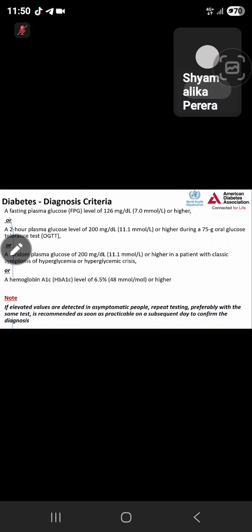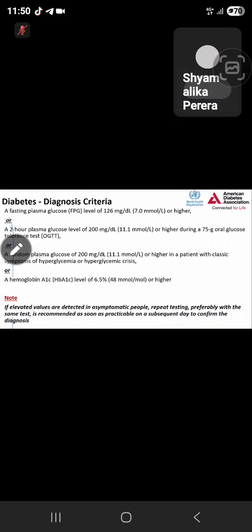Then the second option is the 2-hour plasma glucose level in the OGTT test. It should be 200 milligram per deciliter or more, 11.1 millimoles per liter, to diagnose diabetes. Then the third criterion is random plasma glucose level, where you get values of 200 or more, or 11.1 millimoles per liter, with the symptoms.